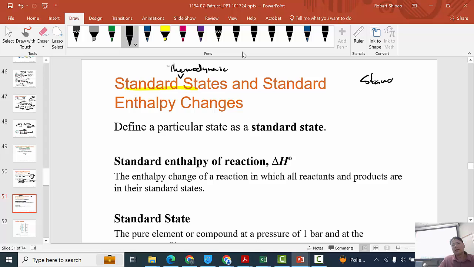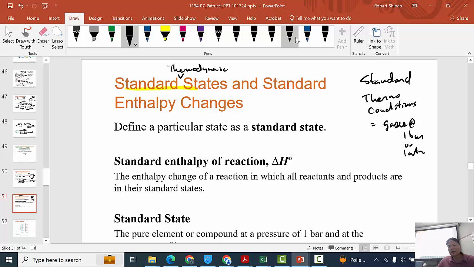So standard thermodynamic conditions equals this: gases at 1 bar or 1 atmosphere, depending on the table you're looking at, and concentrations at 1 molar. There's no standard temperature. Of course, the most common temperature is room temperature.